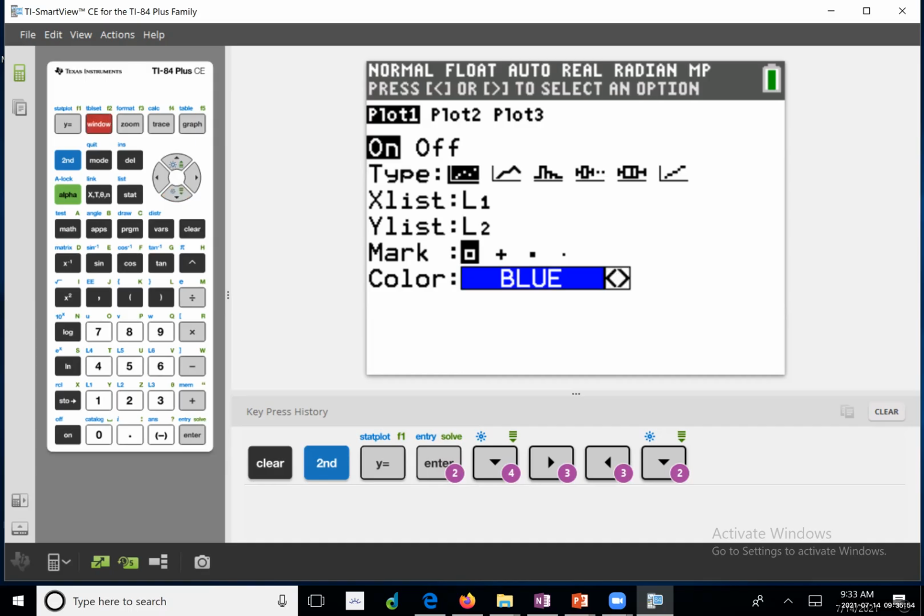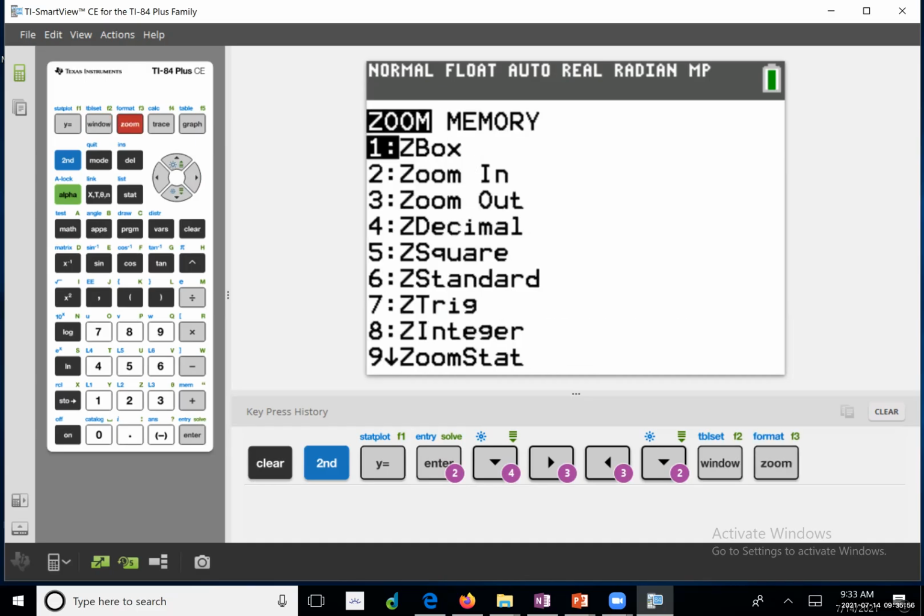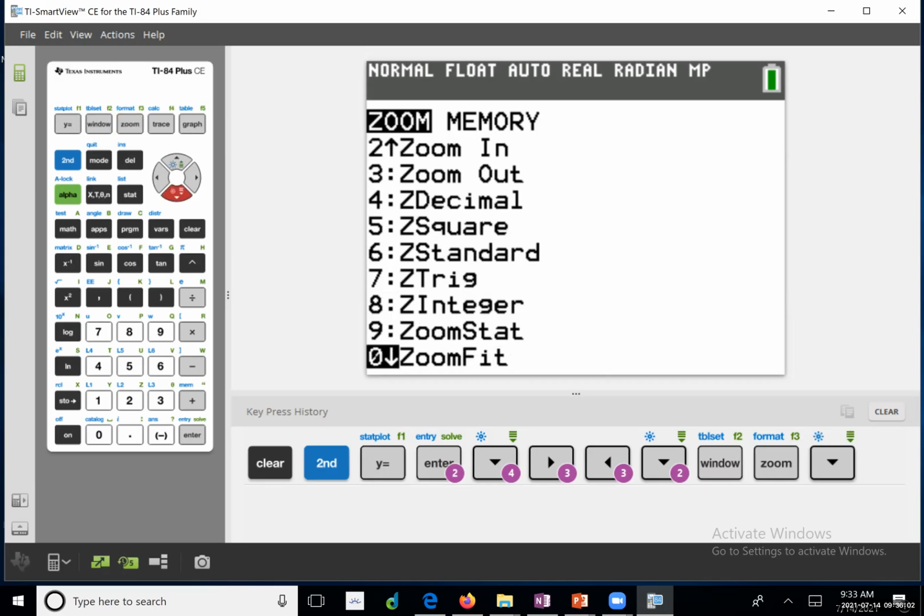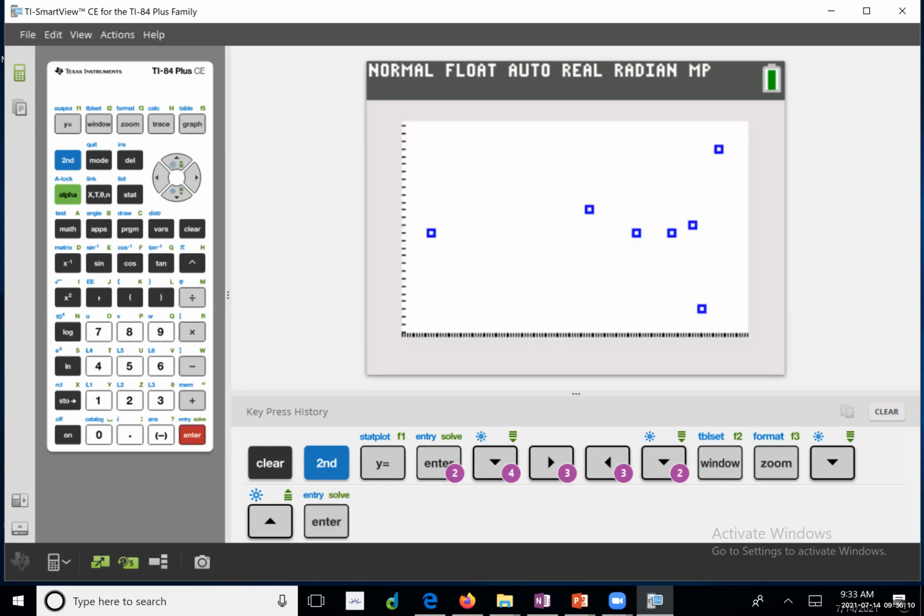Then you go to zoom and pick zoom stat. Do you see a very strong correlation here?